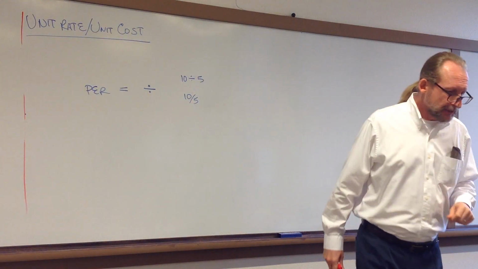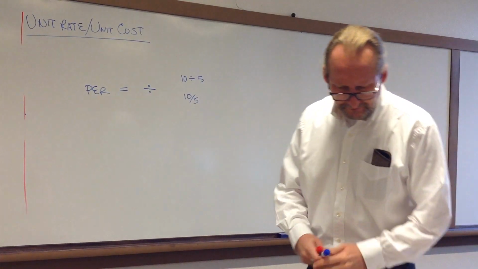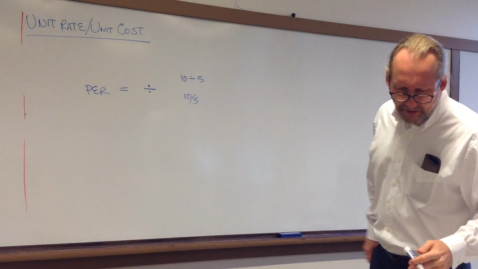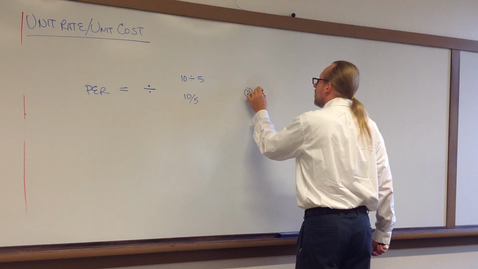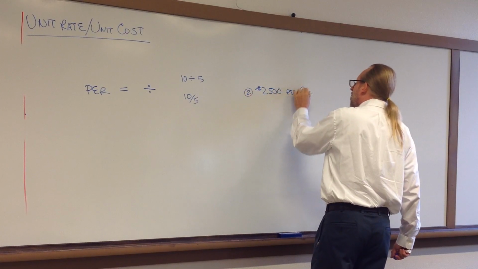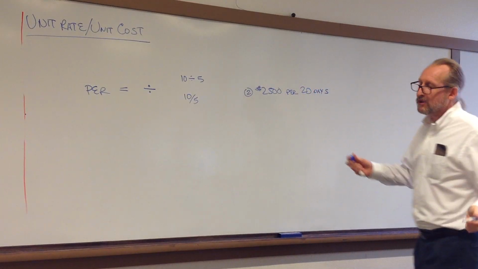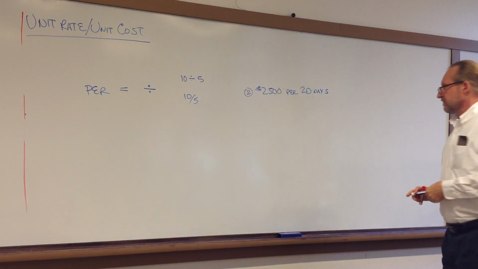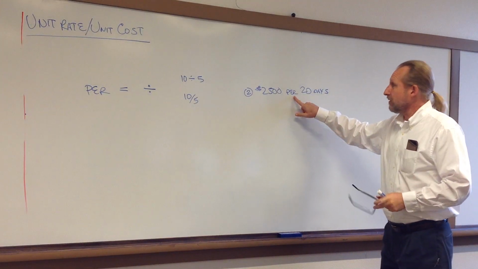Okay? As the problems start out, like in problem 2, we've got $2,500 per 20 days. And so we want to know how much would that be for one day. Okay? And the key here is this per means divided by.